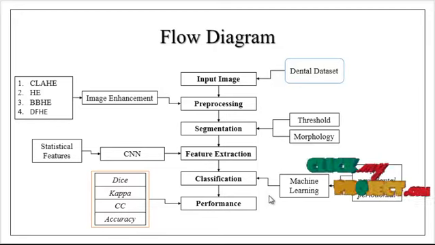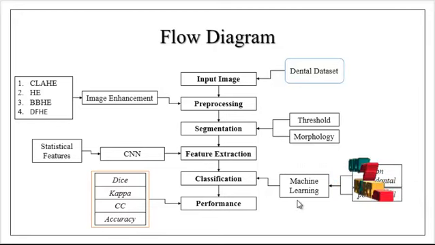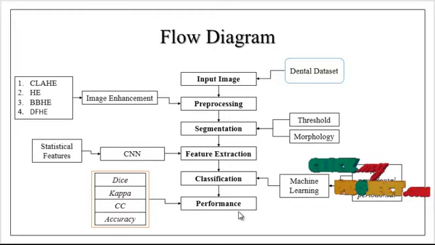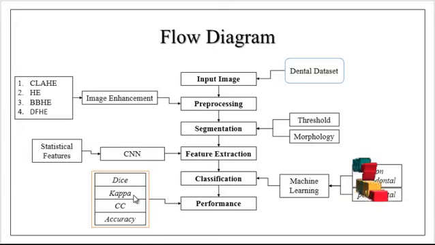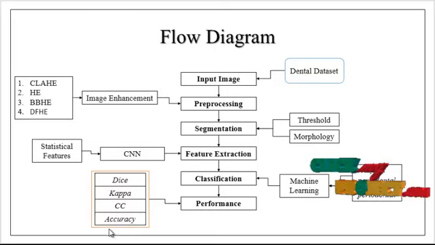If it is an affected one, we have to find out which type of disease is present in the affected portions. Finally, the performance estimation is carried out using the dice coefficient, kappa coefficient, cross correlation and accuracy. Majorly, we have considered the accuracy to justify the classification. If the accuracy is high, it means the stability of the classifier is high.